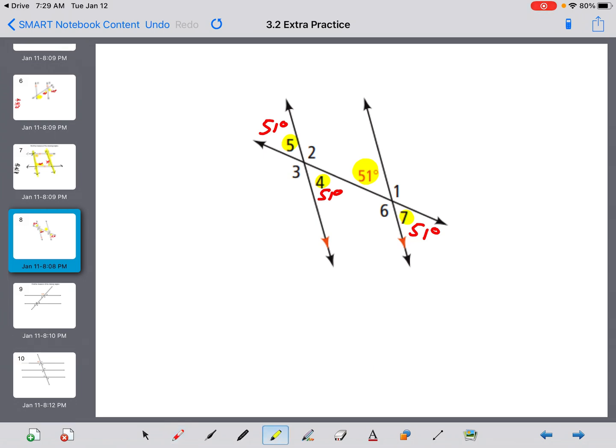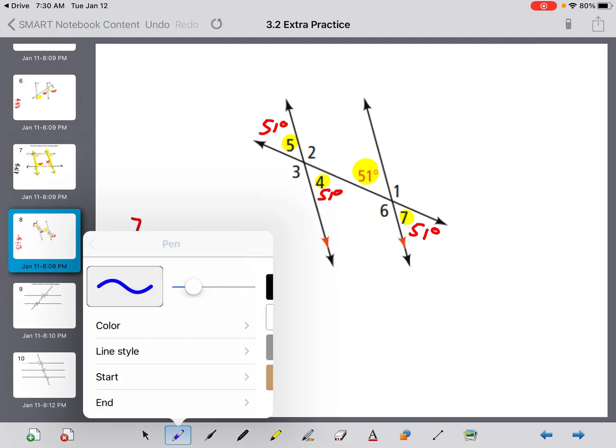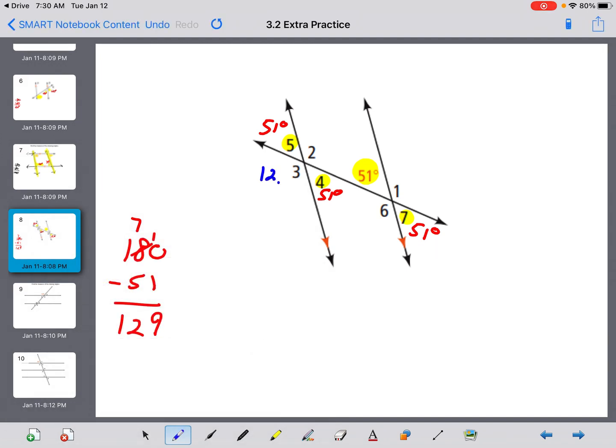So now all you need to find is 180 minus 51, which gives you 129 degrees. So your remaining angles are going to be 129.